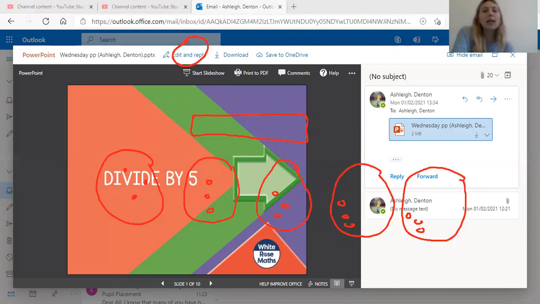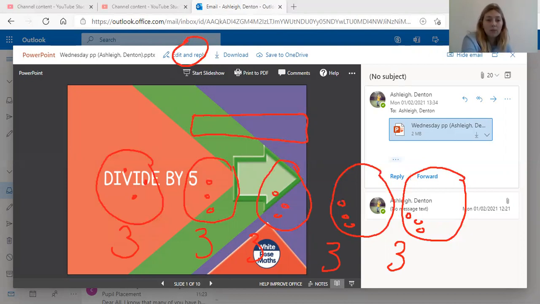Now, let's go back to this first group and count and see how many conkers I have in each. So 1, 2, 3. I'm going to write a 3 underneath. 1, 2, 3. Brilliant. Well done. We have managed to equally share our 15 conkers into equal groups.